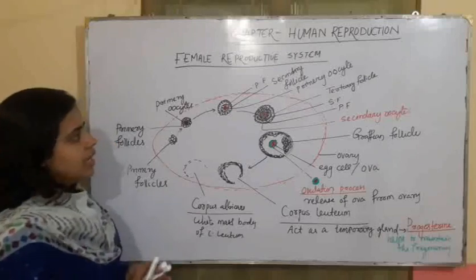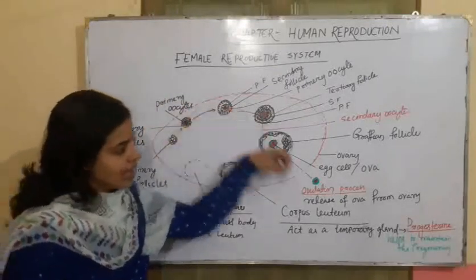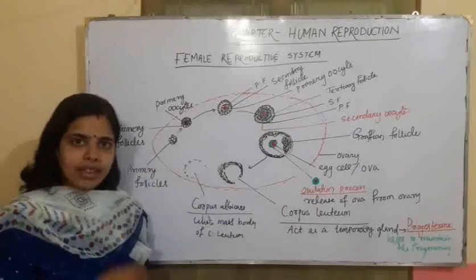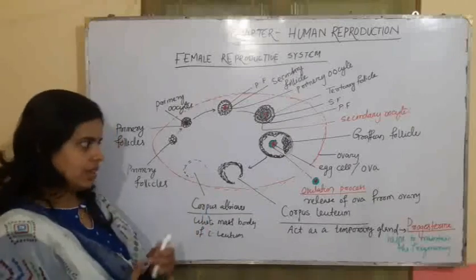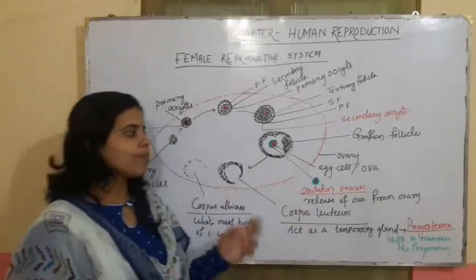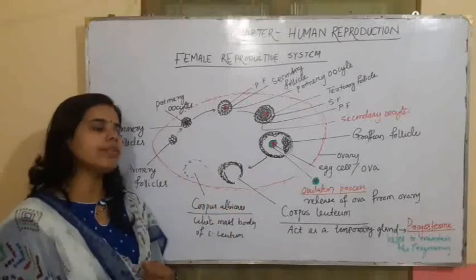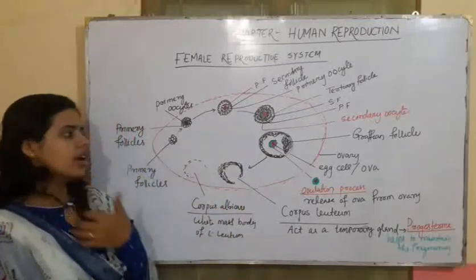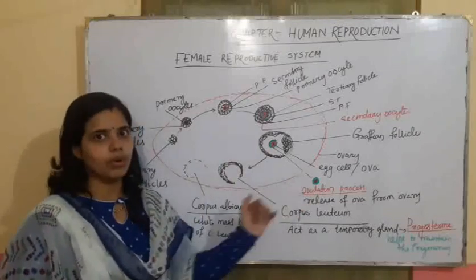So this is the way in which the ovary functions to release the ova. Whether the ova is fertilized or not, every month it will release the ova. It takes around 28 days, or exactly, it takes 14 days after the menstruation, for the ovary to produce the ova.